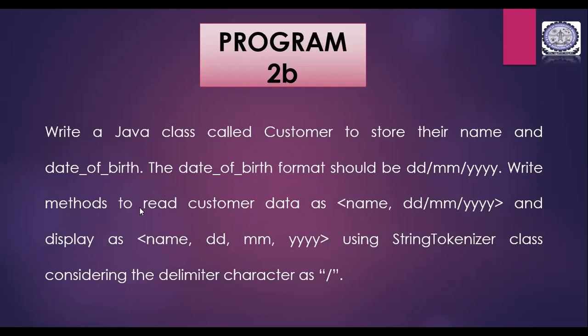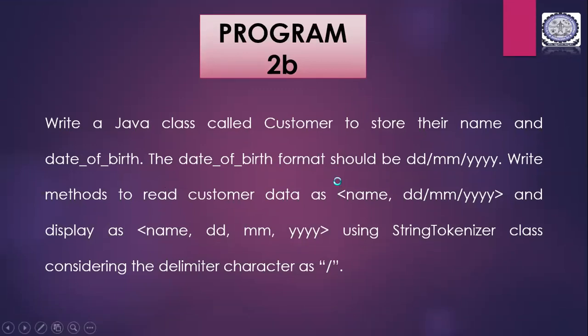And the program has to have two methods. One is to read the data, and the other is to display the data. And to read the data has to be in this particular format, and to display the data has to be displayed in this particular format. Okay, so that is what we are asked. Let us see the next slide.